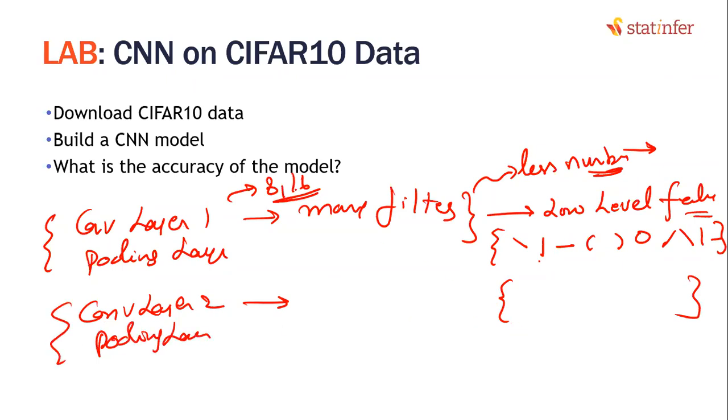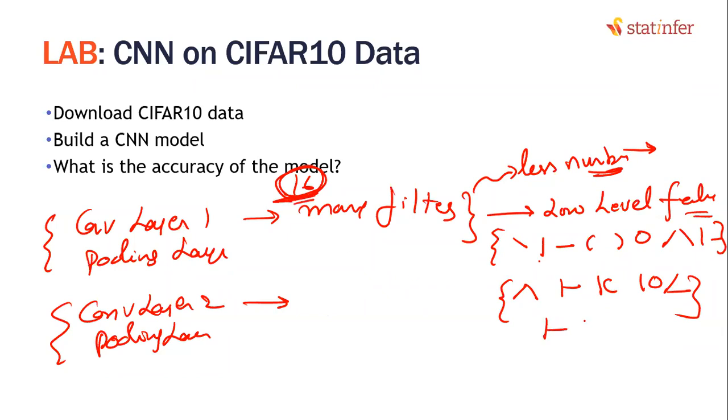Let us suppose I have given 16 filters here, 16 features at the low level. What should it be for mid level? It is slightly higher than the low level. Mid level features are a combination of low level features. What should that number be? Higher than 16 or lower than 16?